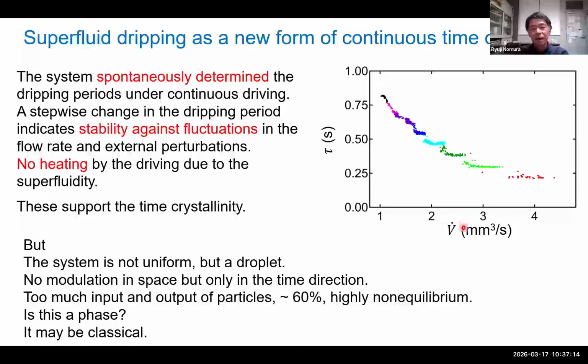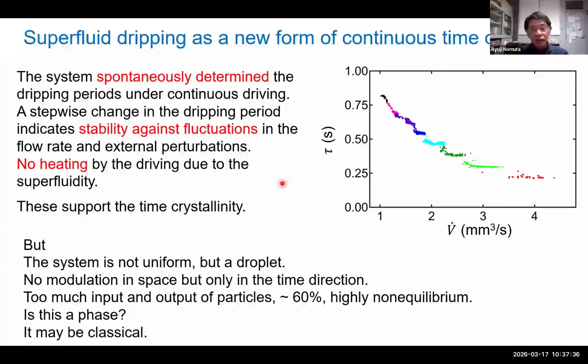So this B dot flow rate is the strength of the driving of the dripping. And the stepwise change in the dripping period like this clearly shows its stability against fluctuation in the flow rate and other external perturbations.